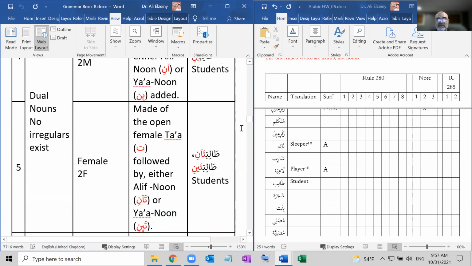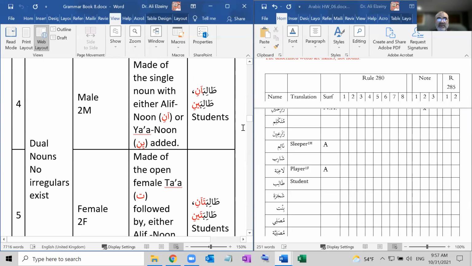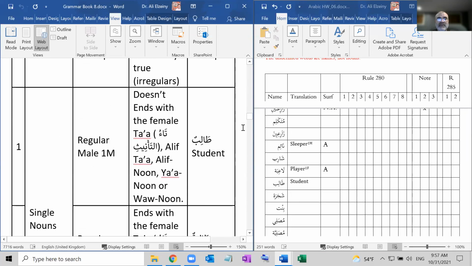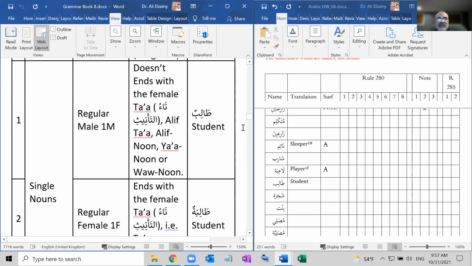So rule 250. Does it end with alif noon? Does alif ta, alif noon, ya noon, waw noon? No.